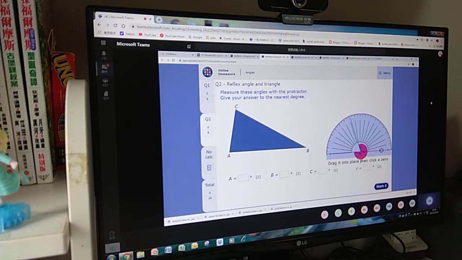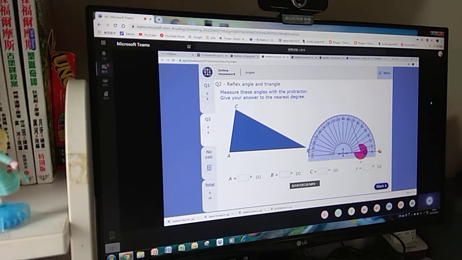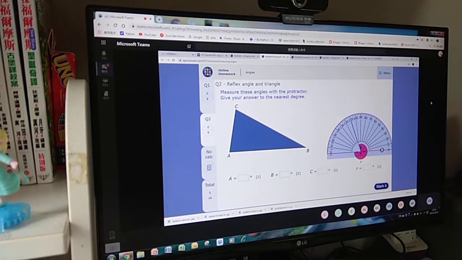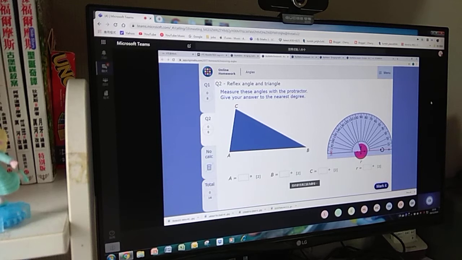And then for the last one, for the arrow, how can you work on the arrow? First, you can put the protractor here. So here is 180 degrees, here is 110 degrees.